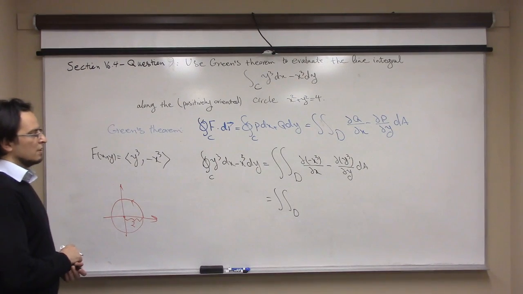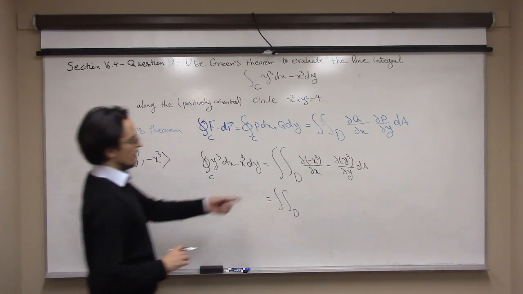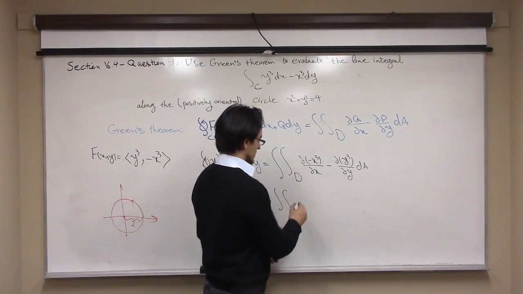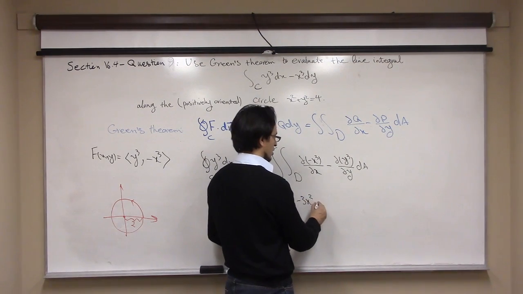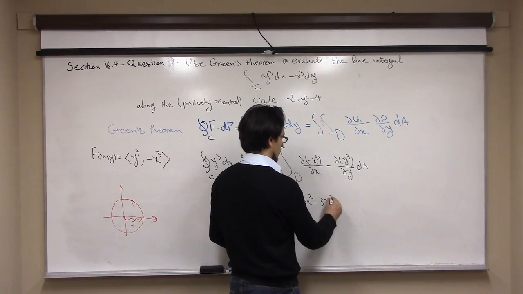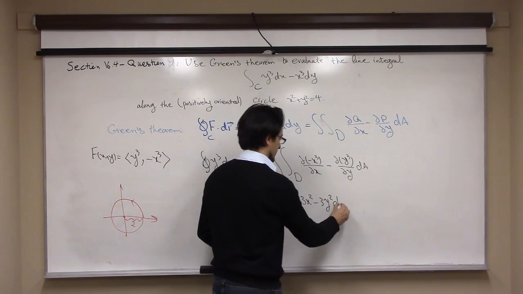Now find the partial derivatives. It is negative 3x squared minus 3y squared.